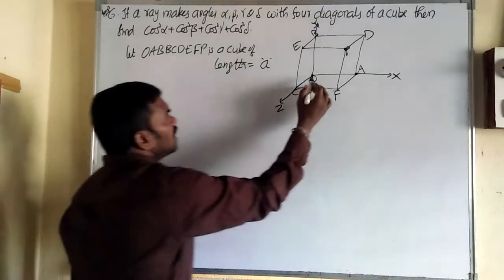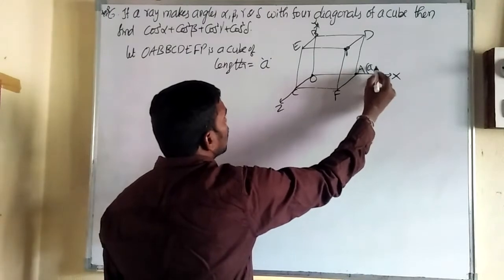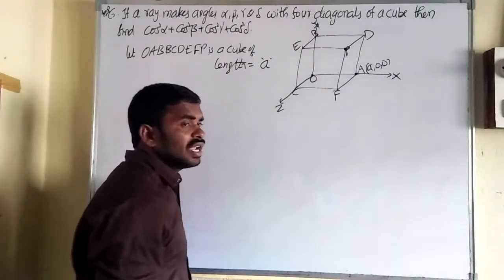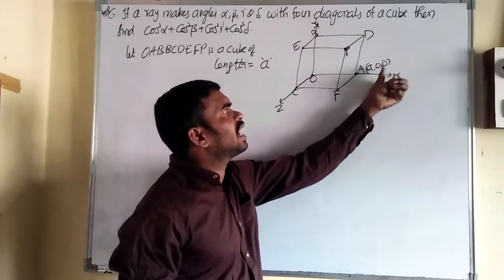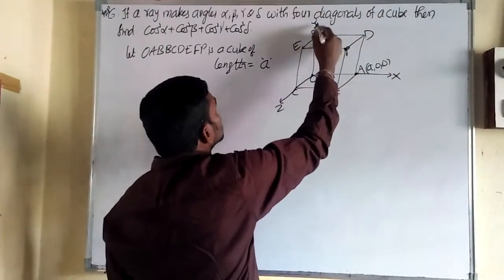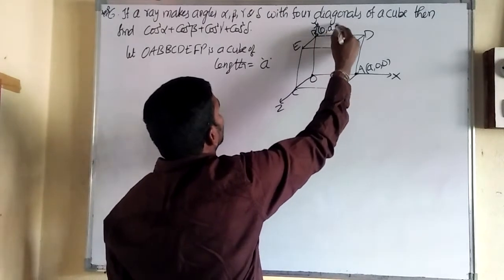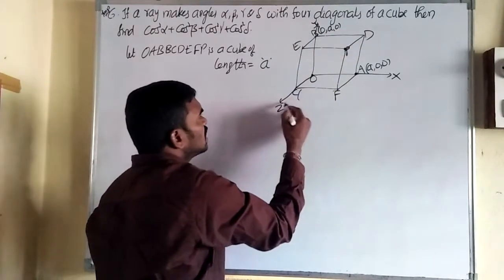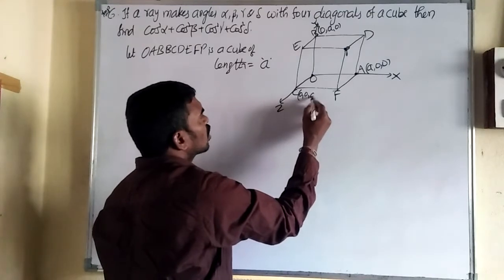Then the point A becomes a comma 0 comma 0. Why? On the x-axis, y and z coordinates are 0, 0. So B becomes what? It is on the y-axis, so it becomes 0 comma a comma 0. So C means what? It is on the z-axis, so it becomes 0 comma 0 comma a.